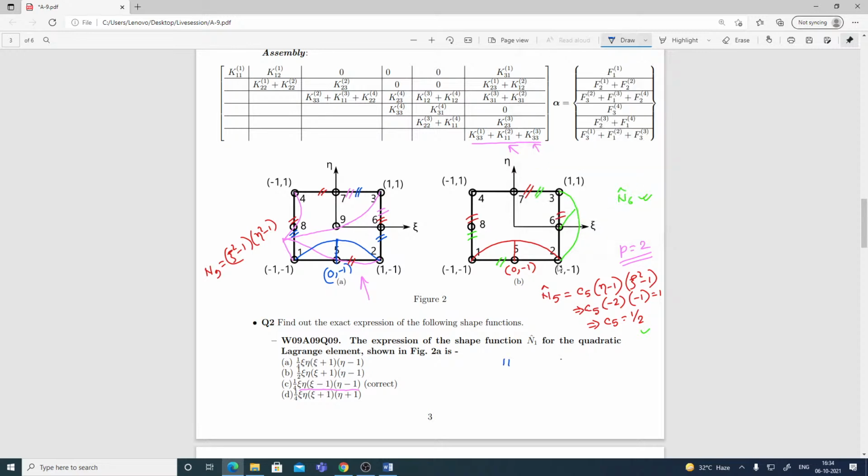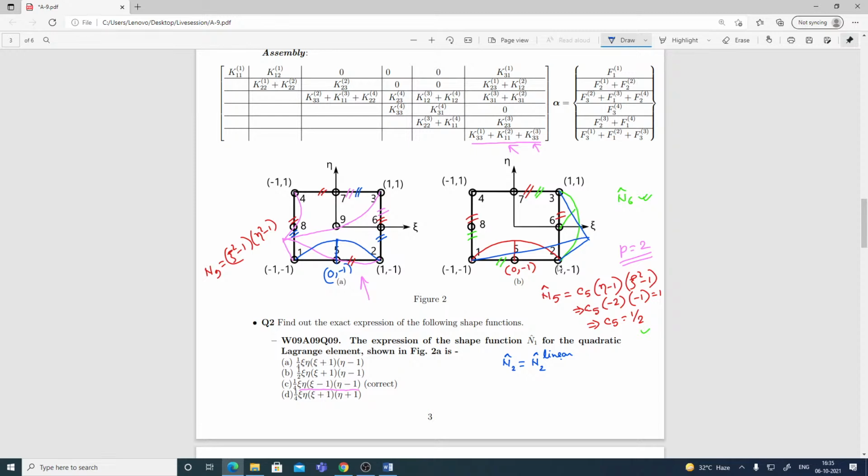So N2 is to be calculated for the serendipity element as N2 linear, which is already known to us. N2 is basically linear in xi and eta. If N2 linear looks like this, it is 1 at node 2 and varying linearly, with xi equal to 1 and eta equal to -1.